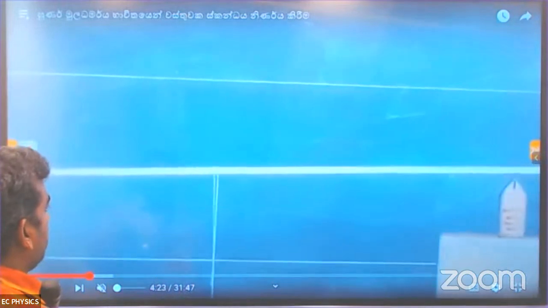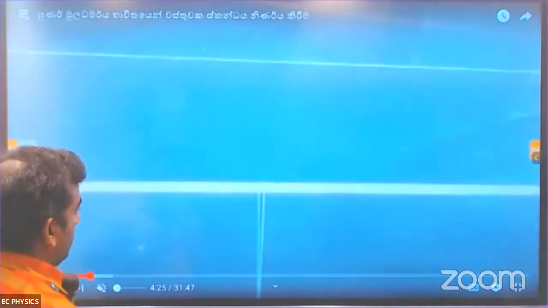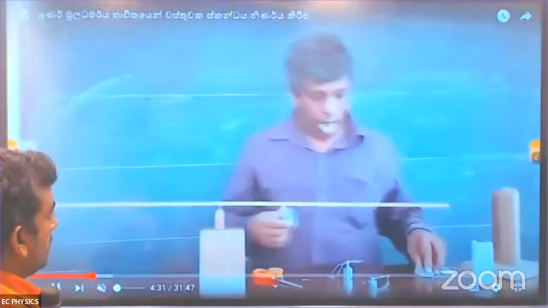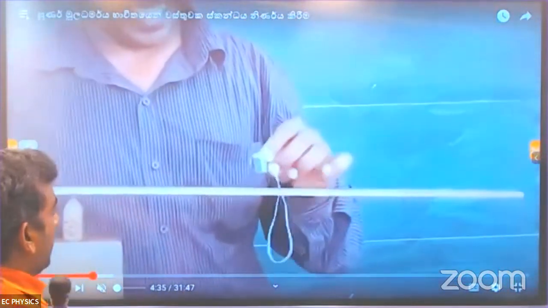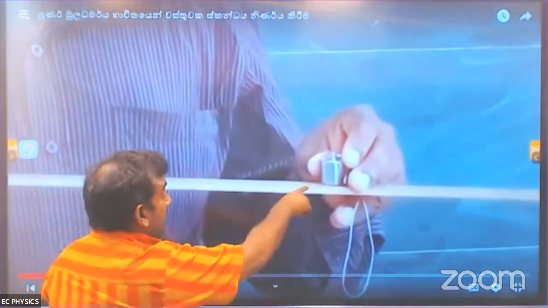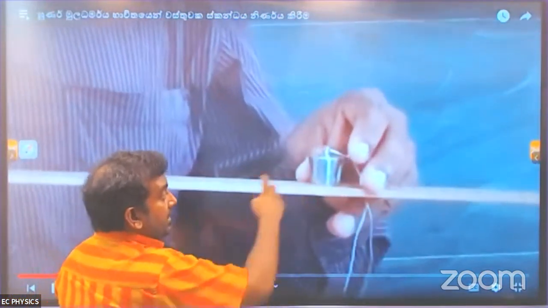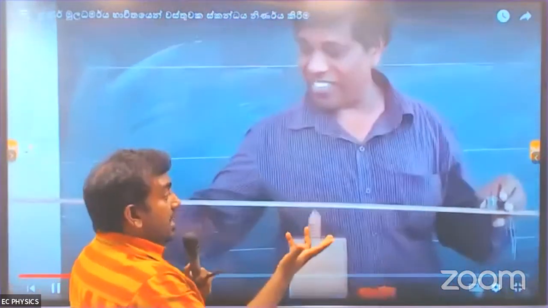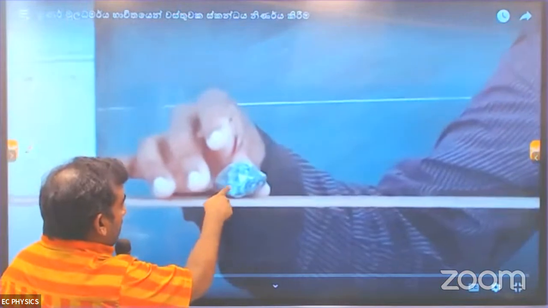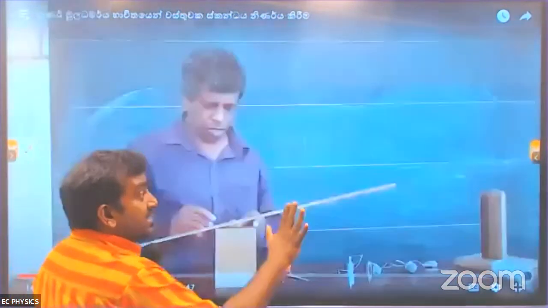Weight is there, and you balance it here. Never ever place it like this. If you place it like this, we don't know exactly where the center of gravity is, because the shape is different. If I keep a stone here, do I know where the center of gravity is? I don't know. So never place it, always hang it.